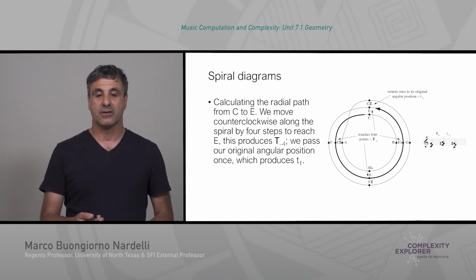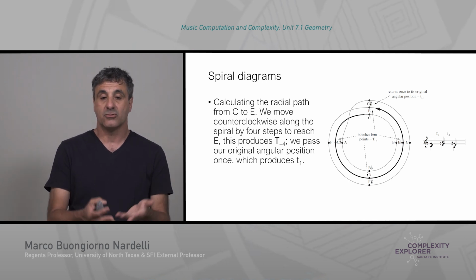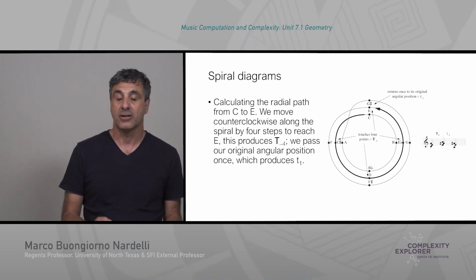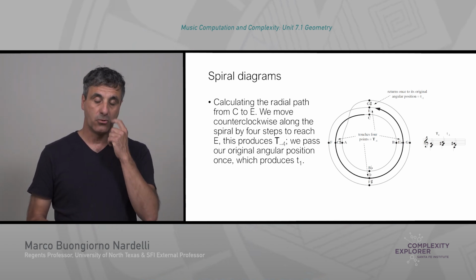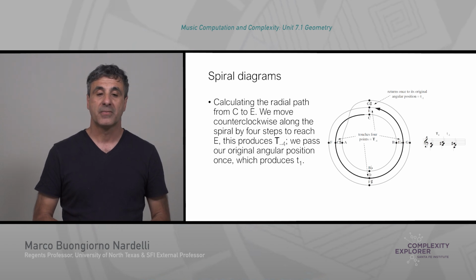So, for instance, we can calculate a path going from the C triad to the E triad here on a chromatic scale, and this is represented by a trajectory into this spiral. So I go, as you see here, in bold, the arrow that shows the particular trajectory that I'm following.